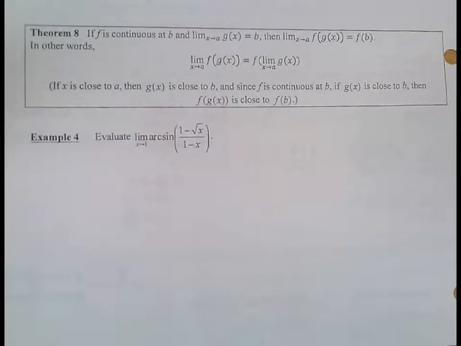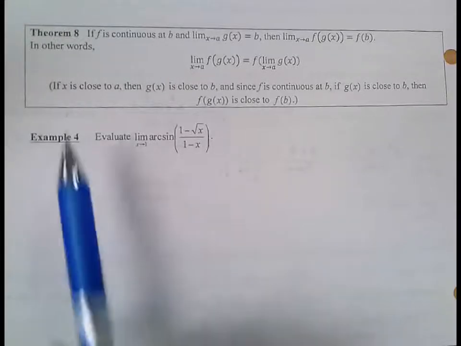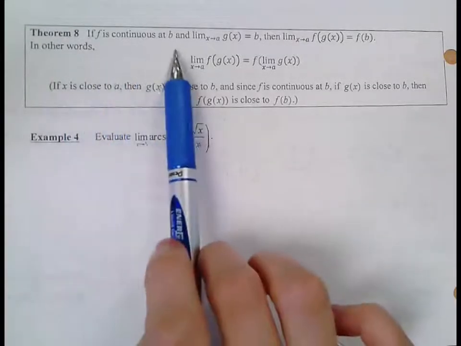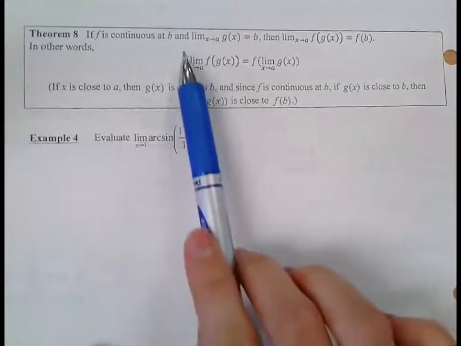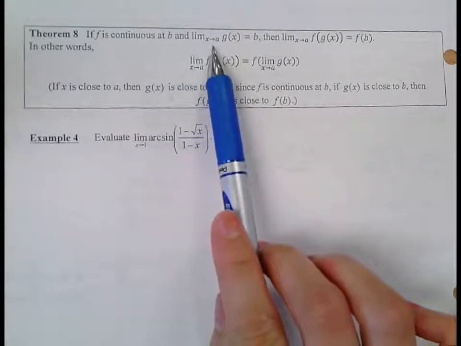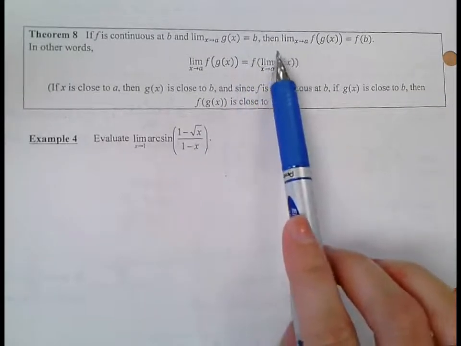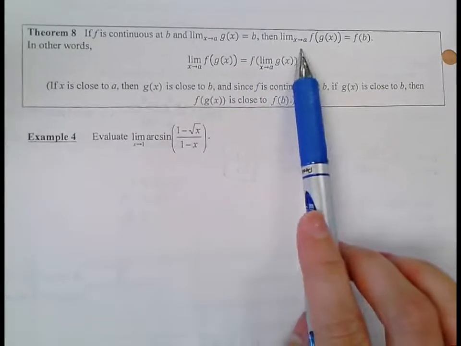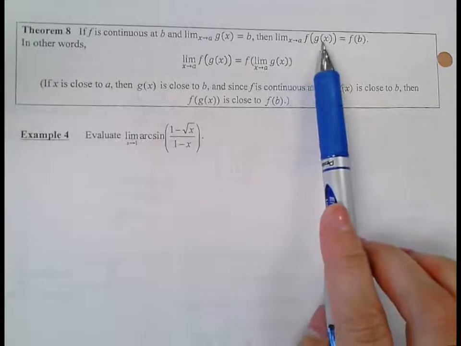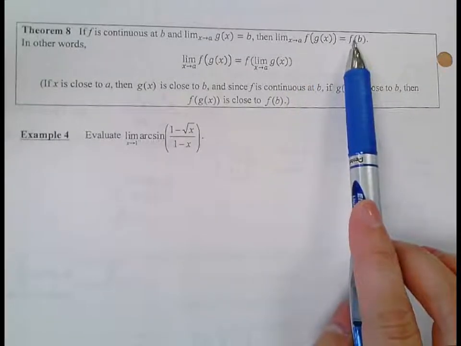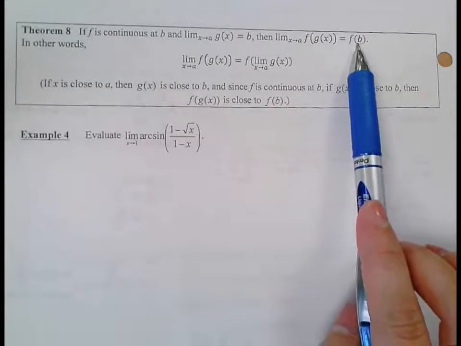So in example 4, looking also at theorem 8, again, it's just called theorem 8 in the book. But this is now getting into limits of composite functions. So it says if f is continuous at some number b, and the limit as x approaches a of g of x is equal to b, then the limit as x approaches a of f of g of x is equal to f of b.